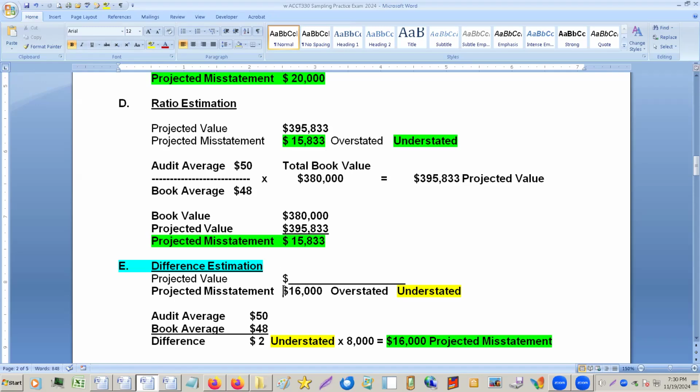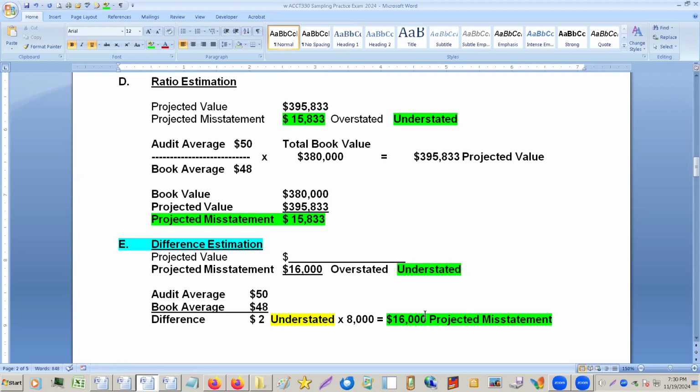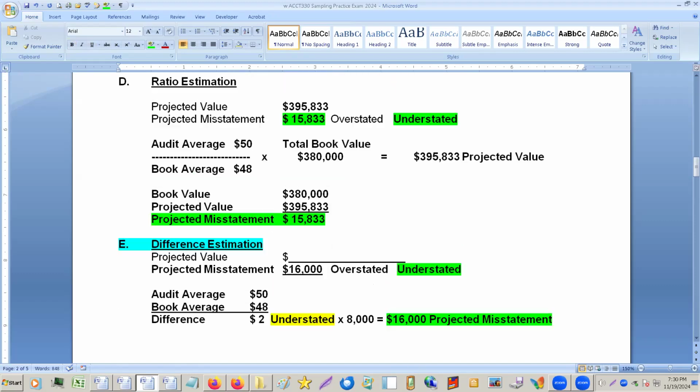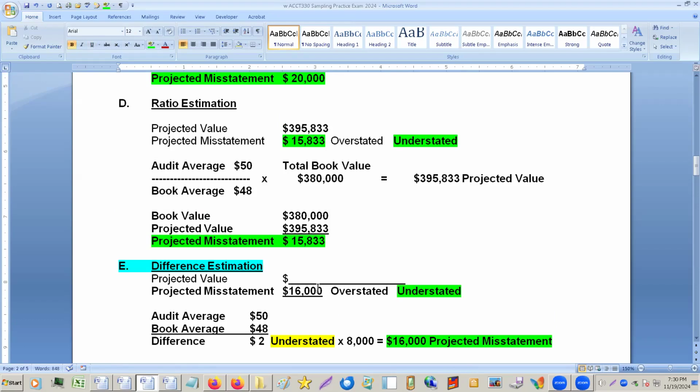We're saying everything is understated by 16,000. So what would our projected value be? Anyone? Would it be 364,000? Actually, go the other way. We're saying it's understated by that, so we have to add this to it.